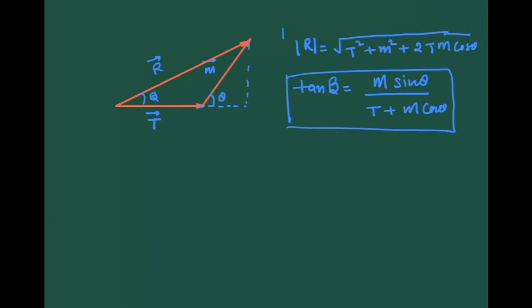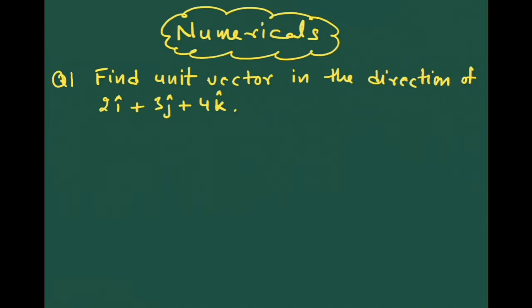So these are two formulas for finding the resultant direction and magnitude in vectors.